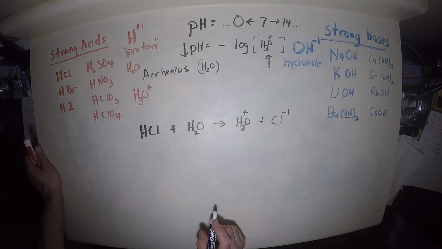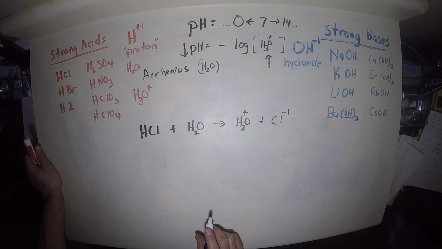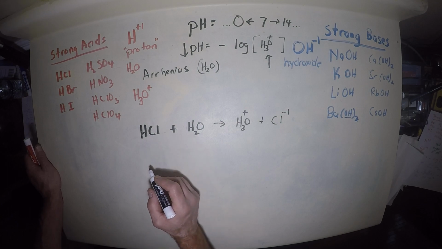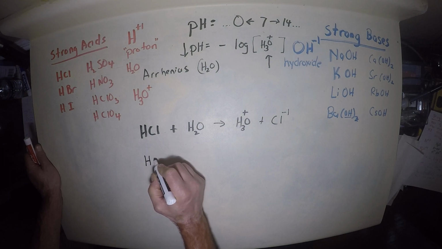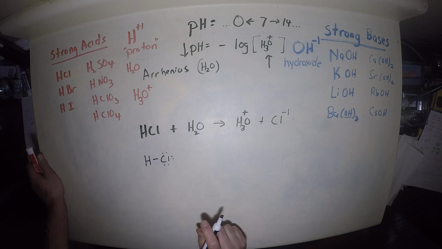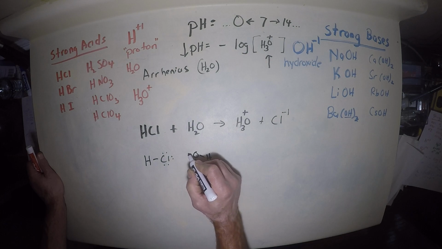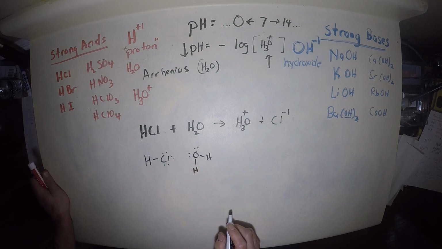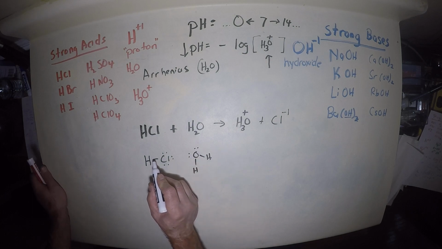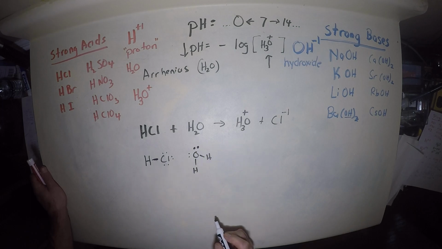Mechanistically, it's often confusing how an acid gives up a proton to water. So if we draw a Lewis structure for hydrogen chloride or hydrochloric acid, and our Lewis structure for water, we should recall that that's a covalent bond and that's a lone pair of electrons.